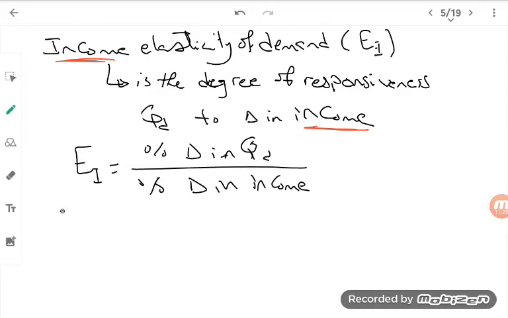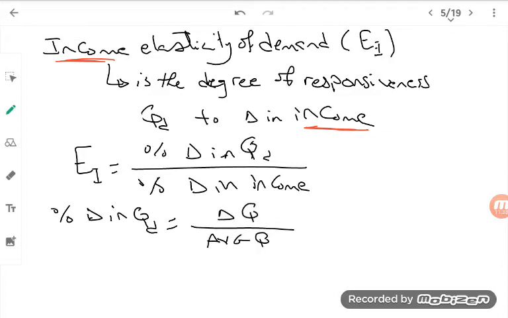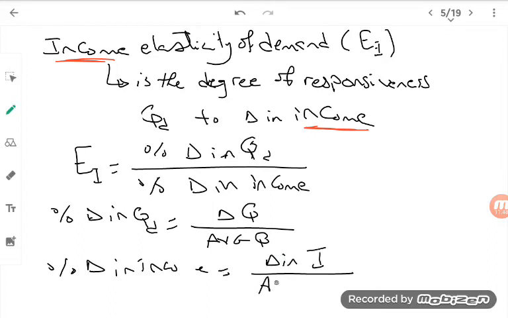And percentage change in QD is calculated as change in quantity over average. The same with respect to income, it's calculated as a change in income over average income. We are going to use only one type of income elasticity of demand, which is arc elasticity.